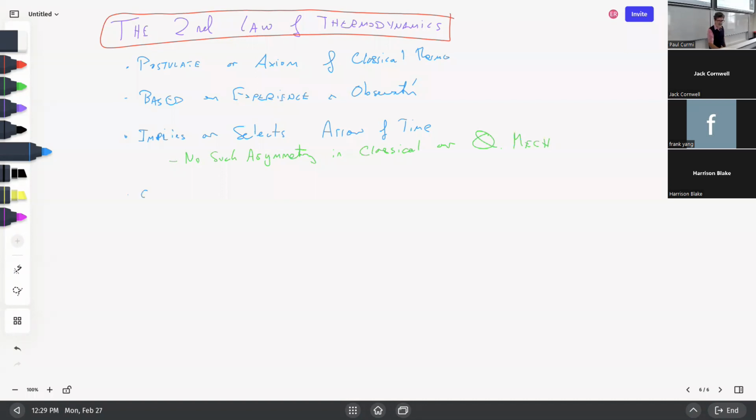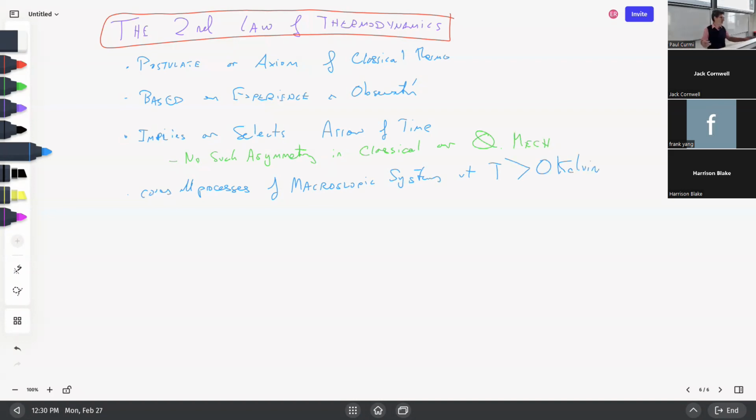And it covers all processes of macroscopic systems at T greater than 0 Kelvin.